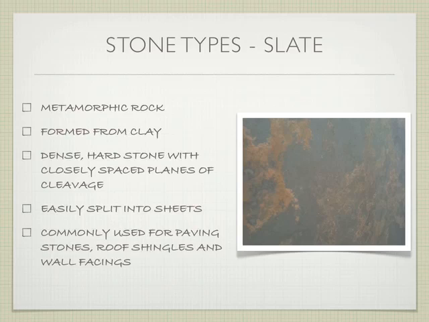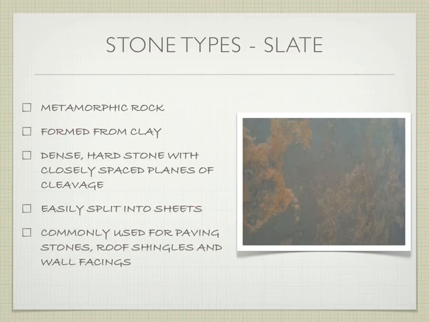when it passes around, you can see this a little bit better. It's made up of a lot of thin little flakes that are compressed together, which makes it really easy to split into sheets. Cleavage is what they call it. It can be really easily split into sheet goods, which makes it a really good building material for things like paving, pool tables, or roofs.